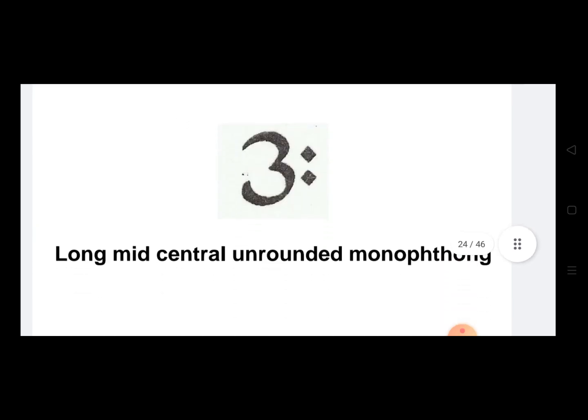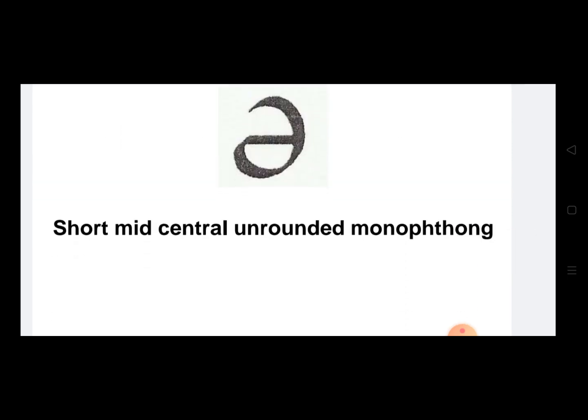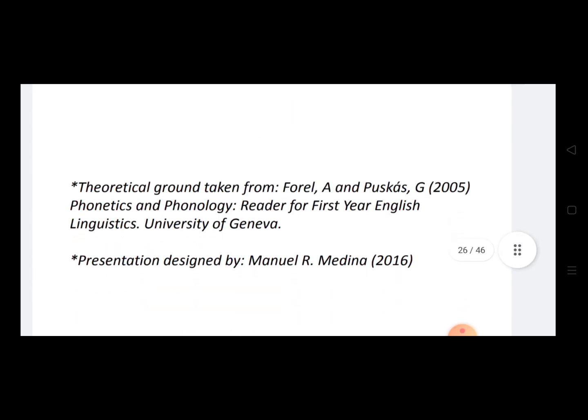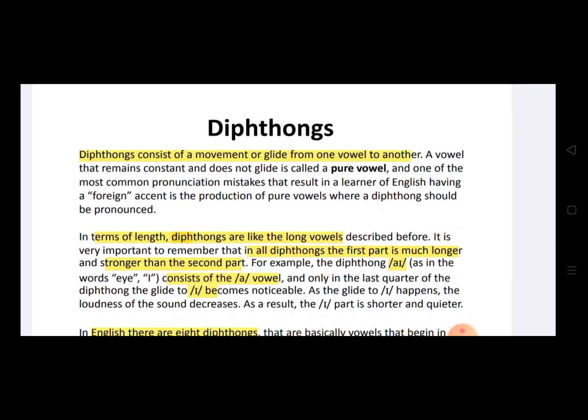So this is a long mid central unrounded monophthong. And this is a short mid central unrounded monophthong. And so these are monophthongs. Now we are going to discuss diphthongs.